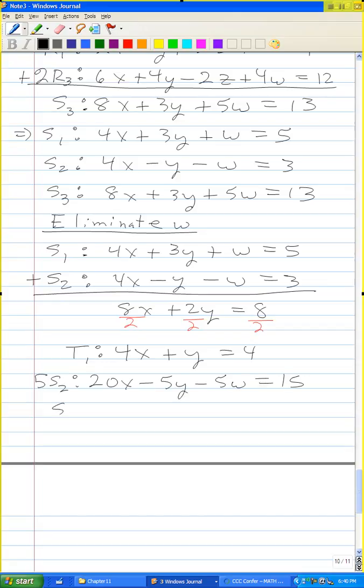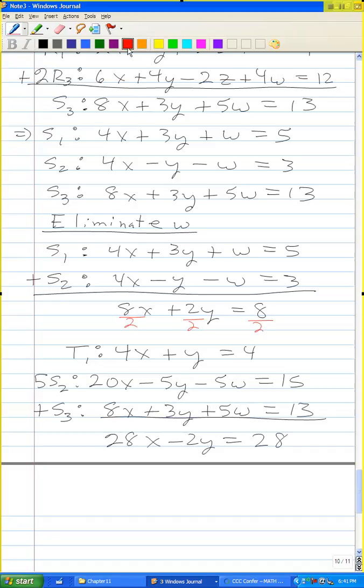And let's do S3, 8, 3, 5, 13. And let's add. So I get 28x minus 2y, the w's cancel, is 28.